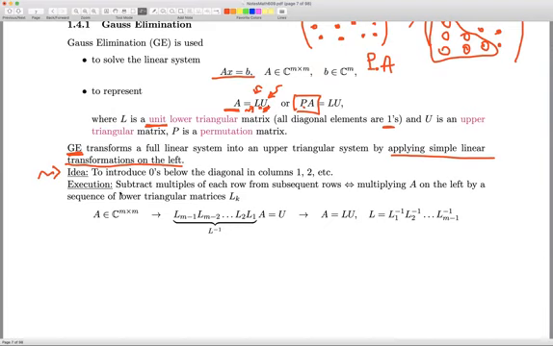And this action, subtracting multiples of each row from subsequent rows, actually can be achieved by multiplying the matrix A on the left by a particular sequence of lower triangular matrices L_k.